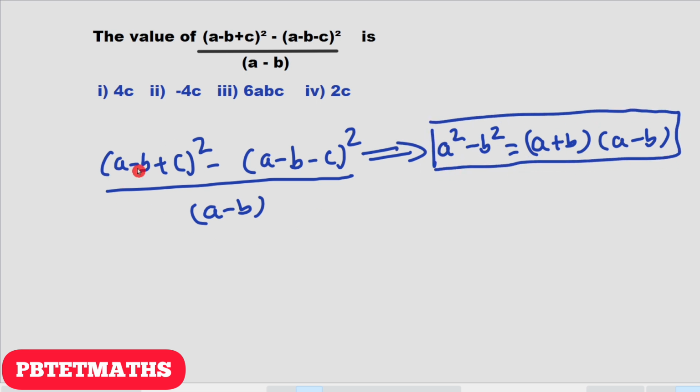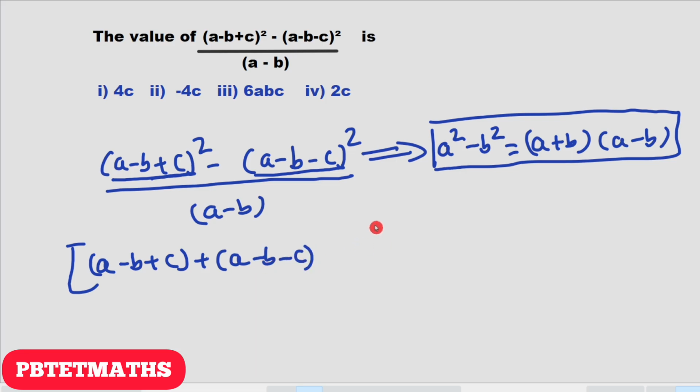Let's consider this entire unit as a, this as b. Then we can write a + b, that is (a − b + c) + (a − b − c).